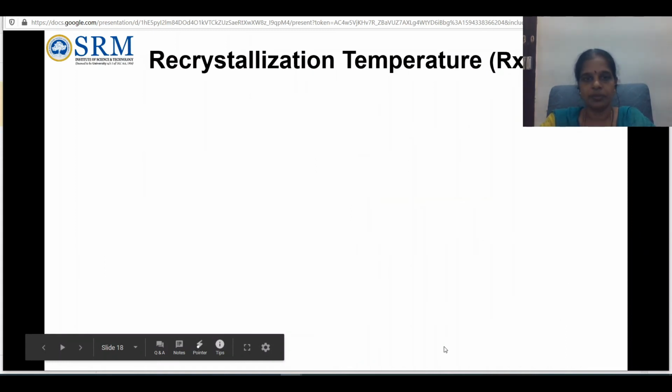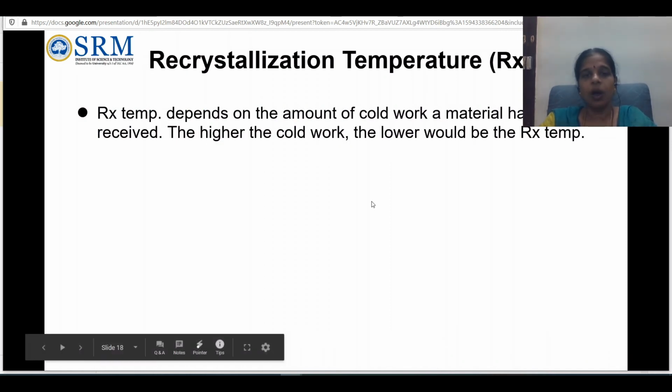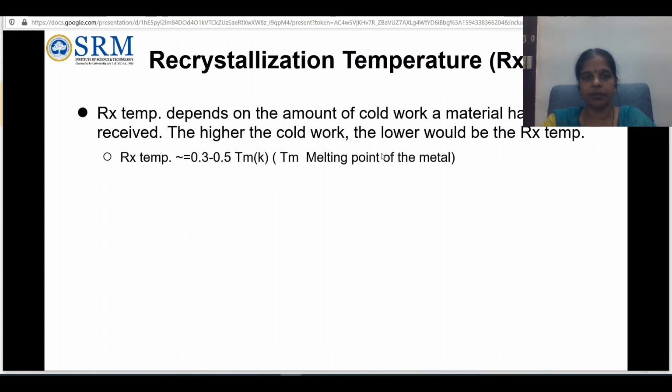So how do you identify the recrystallization temperature of a metal? It always depends upon the amount of cold work the metal has already received, and the higher the cold work, if you are doing more work on it, the recrystallization temperature decreases.